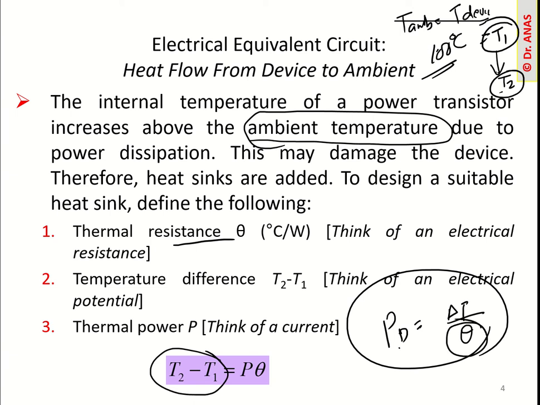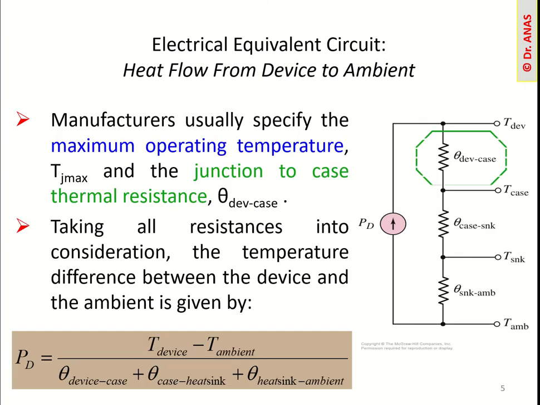Okay, and in an actual particular case, we have multiple thermal resistances. Okay, for example, this is a heat sink, this is my BJT with different pins. Okay, so there will be a thermal resistance between the actual device and its case, which we call the device-case thermal resistance.